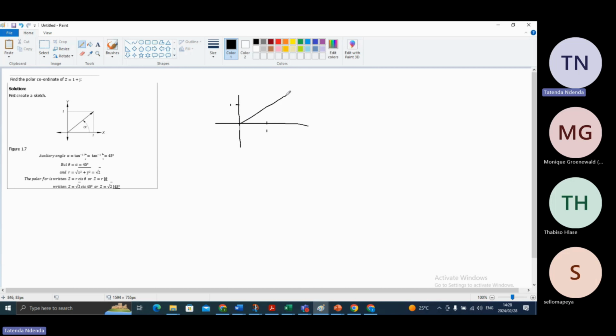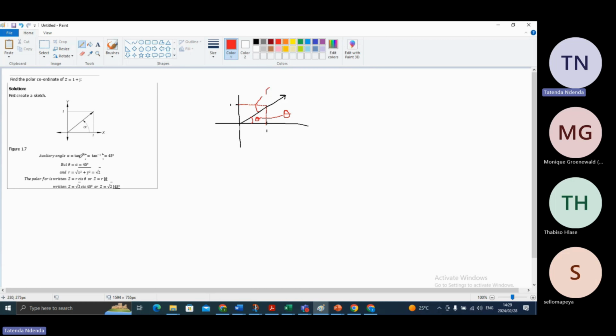Then you have your angle going here, angle theta. This one we call the radius, and this one is the modulus.